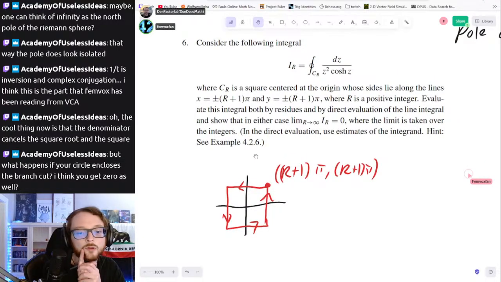Oh yeah, cosh can be 0, can't it? Cosh of a complex number, maybe. I think it can.